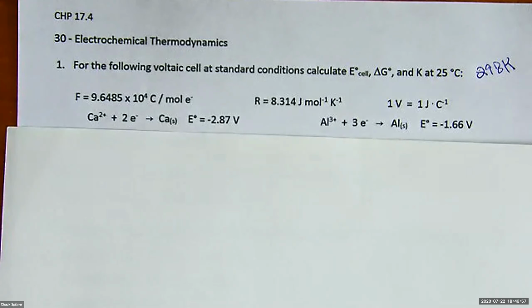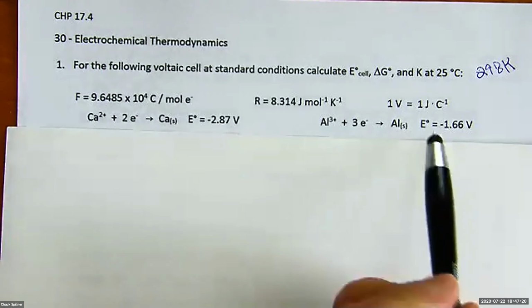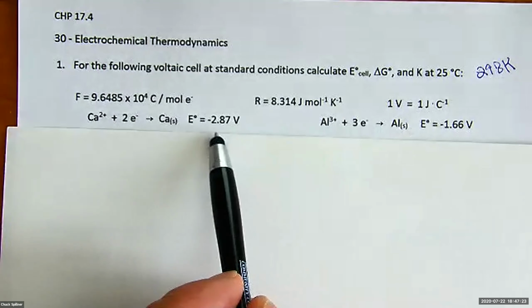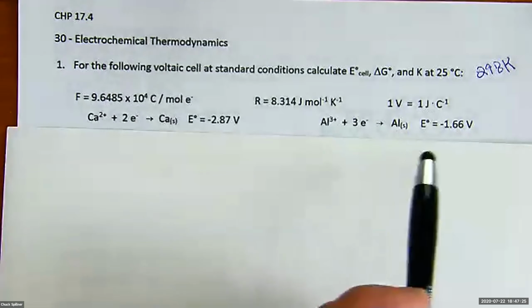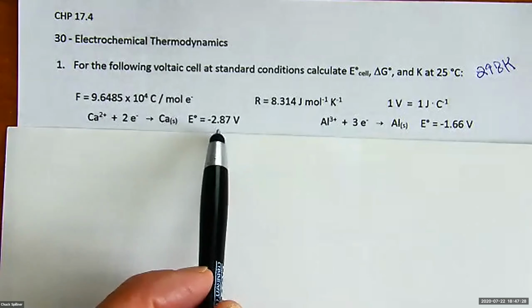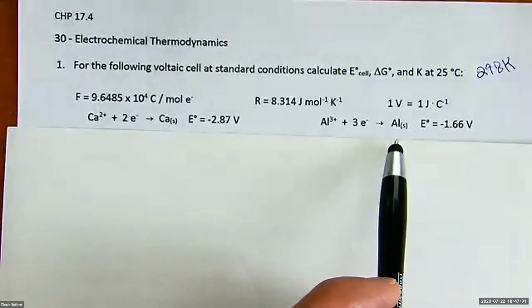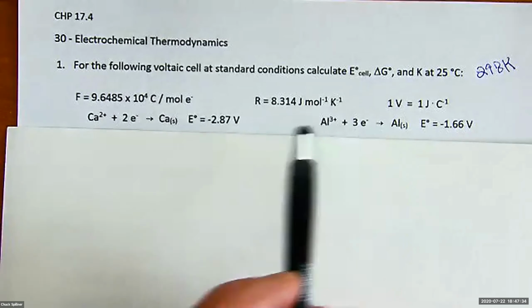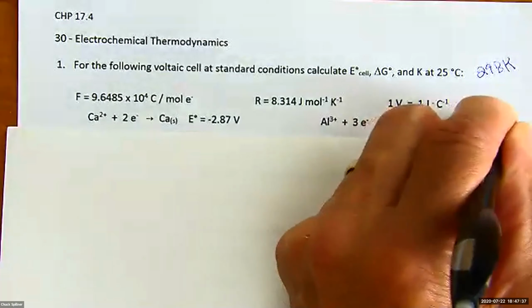Remember, the half reaction that has the highest reduction potential is going to occur at the cathode. So which one's highest? They're both negative, but the aluminum is larger, closer to the positive than the calcium. So the aluminum reaction is going to occur at the cathode. You can just look at these and know that.